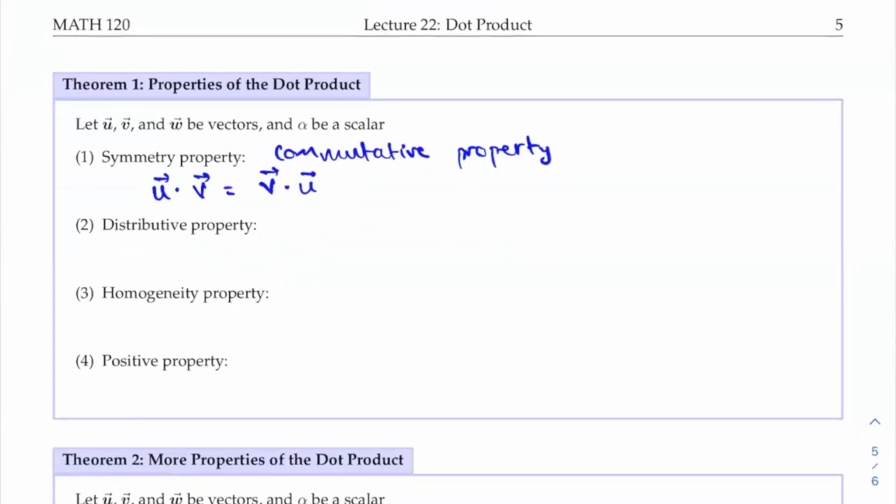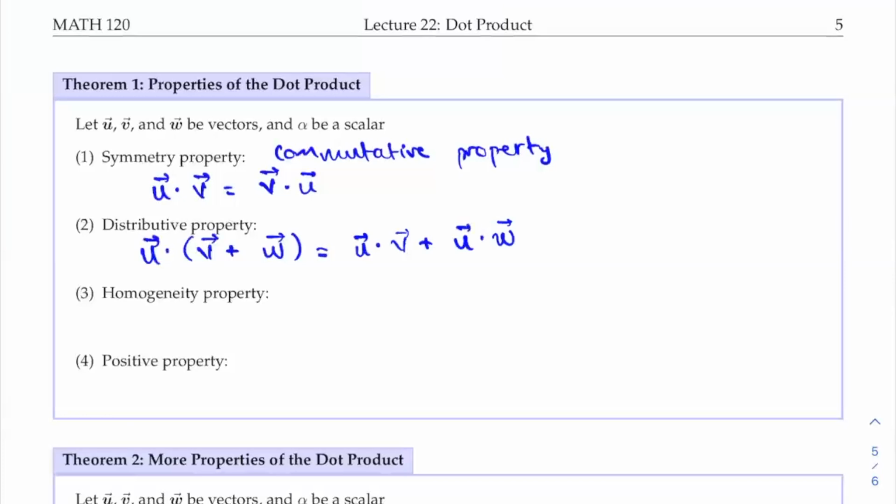The next property is the distributive property. You have u dot with v plus w, and it's just the regular distribution: u dot v plus u dot w.